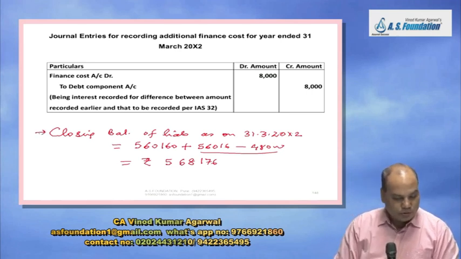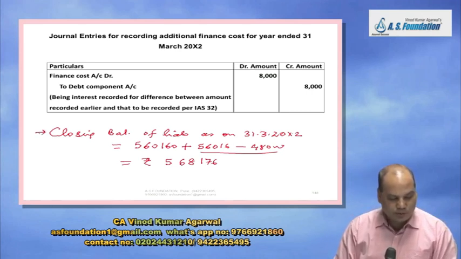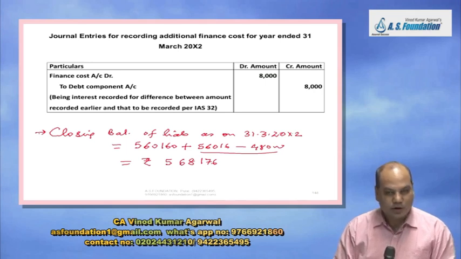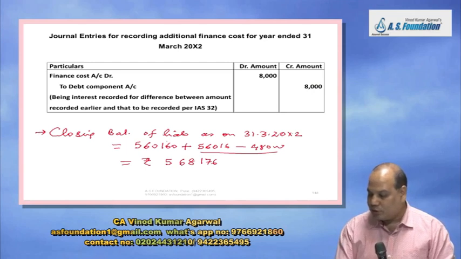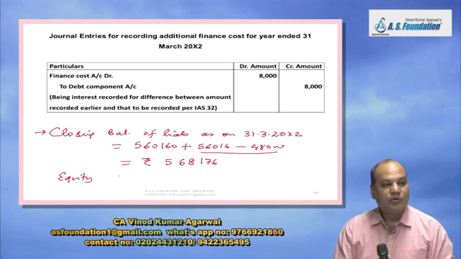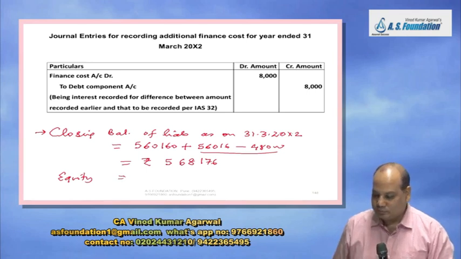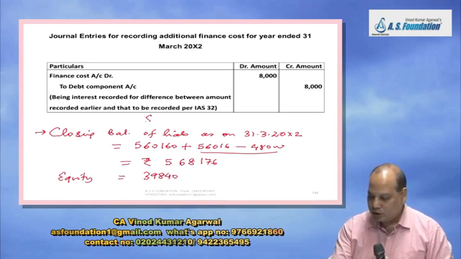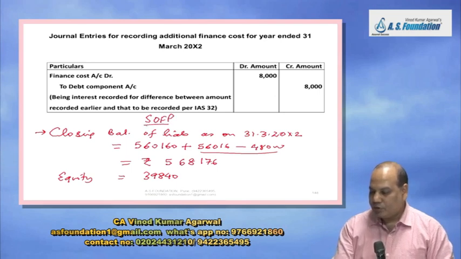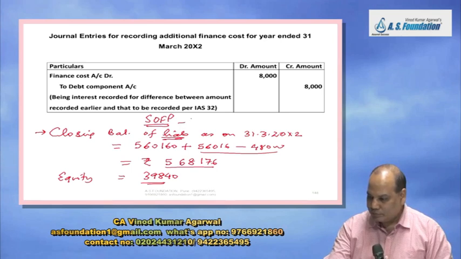The question was, how will the company present the above loan notes in the financial statement for year ended 31st March 20x2? So the liability amount will be this much and the equity amount will remain the same. How much was equity? Do you remember? 39,840. In the SOFP, liability will appear at this amount and equity will appear at this amount.